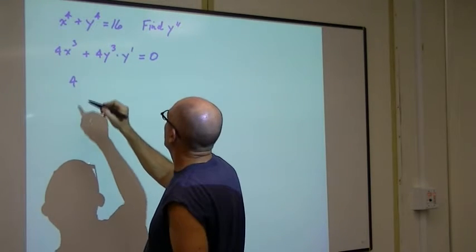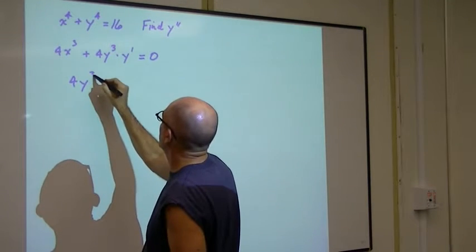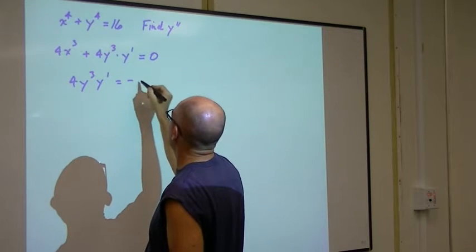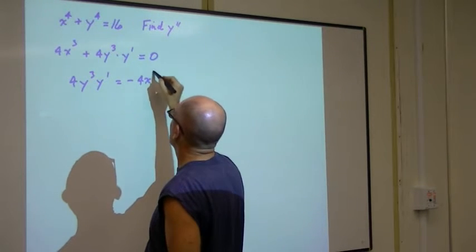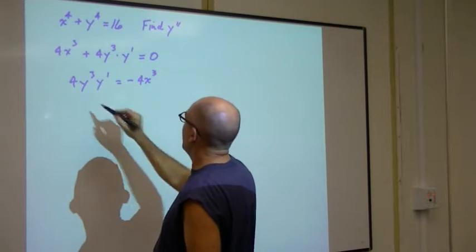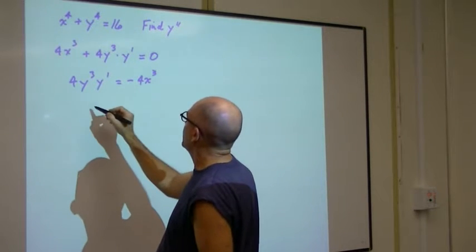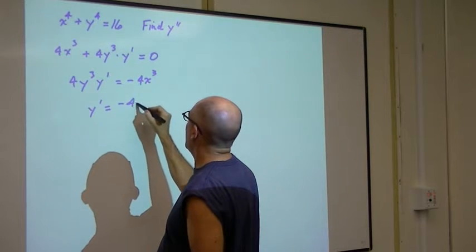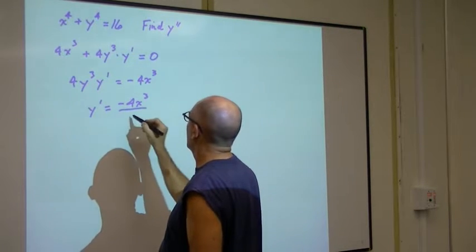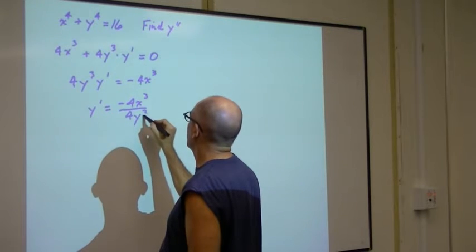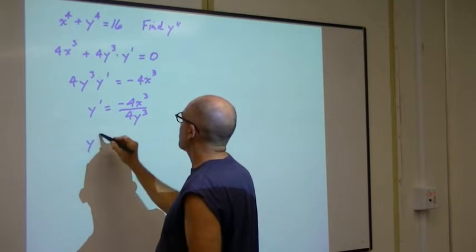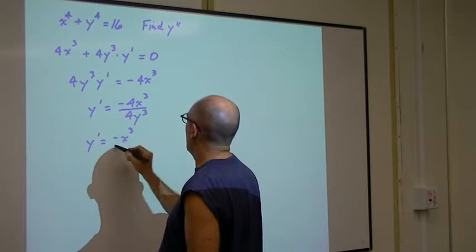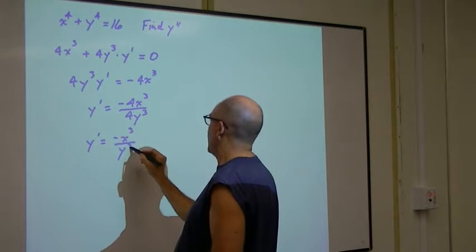So we've got 4y cubed y prime equals negative 4x cubed. And now we divide through by 4y cubed, so y prime equals negative 4x cubed over 4y cubed. So that means y prime equals negative x cubed over y cubed.